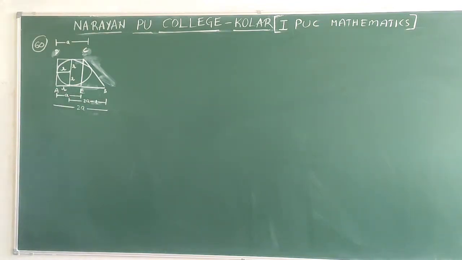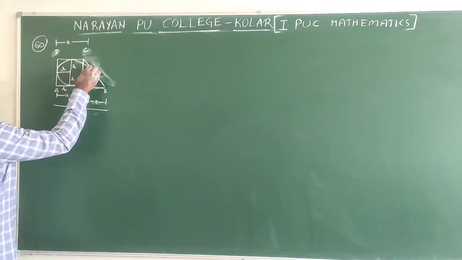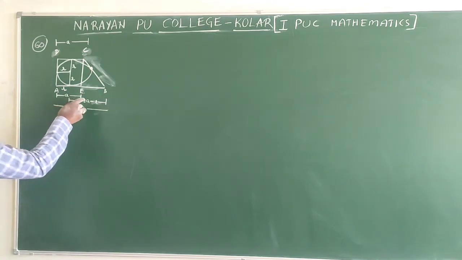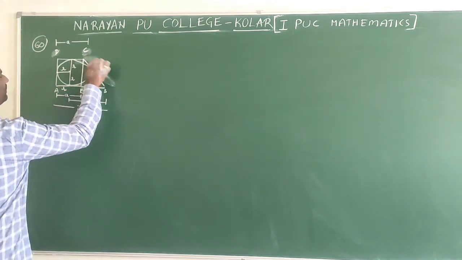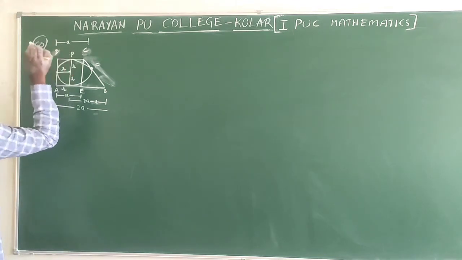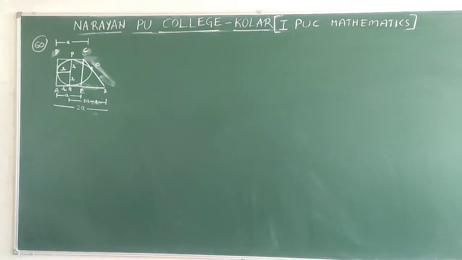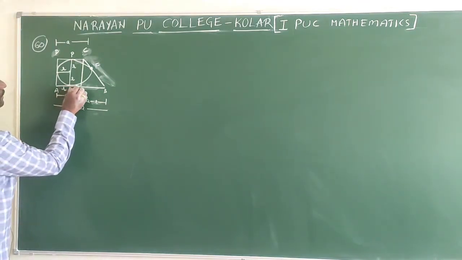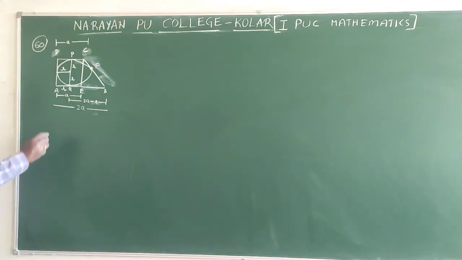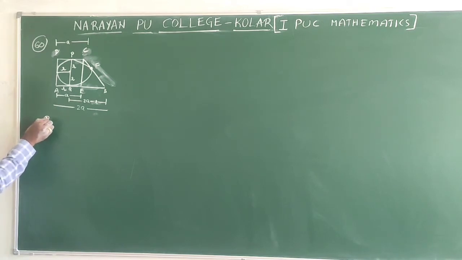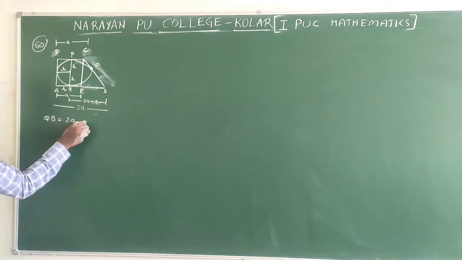Now the circle touches at points A, B, C, D, and this is F, this is P, and this is Q. Now how to find this QE? Here QB we already know is 2a minus r.